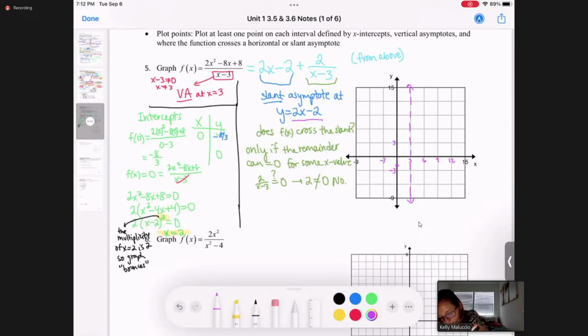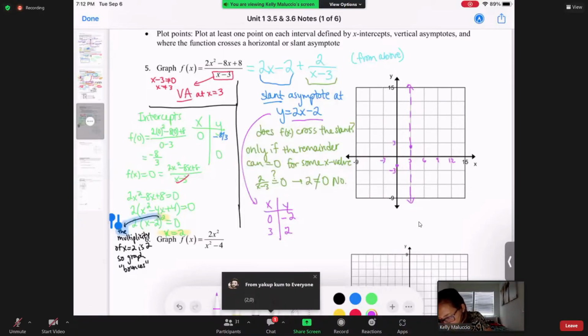Okay, so 0, -2, 3, 2? Because it's 6 minus, yeah, so 3, 2. Somewhere around there. And then 6, 12, 10, I guess.